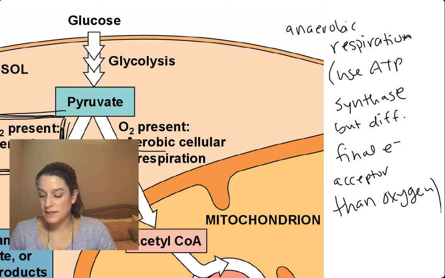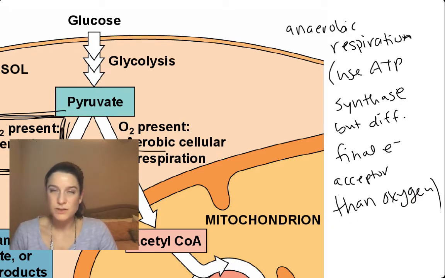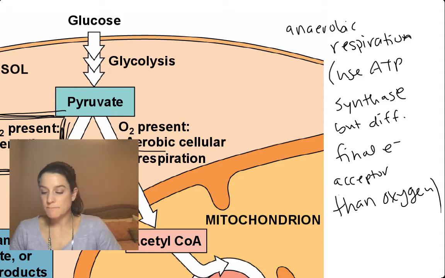But it does not use oxygen at the end of the electron transport chain. So final electron acceptor, I talk about that in the oxidative phosphorylation lecture, but it does not use oxygen. So it would use something like sulfur. It would use something like maybe metal ions, things like that.